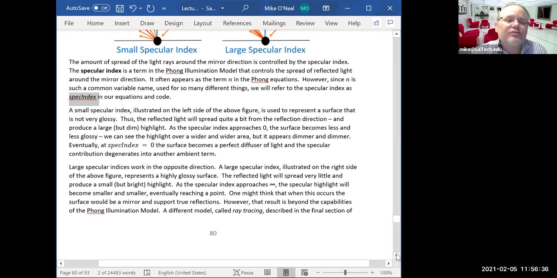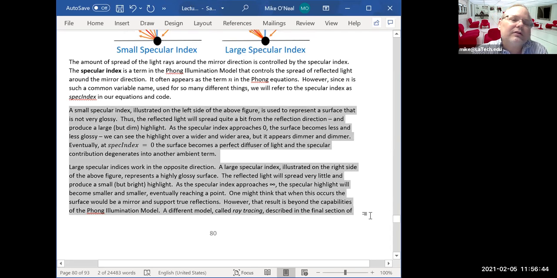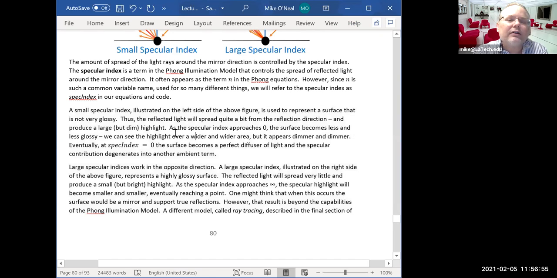It takes more characters to write, but it's a lot more clear on what it is. Okay, so here are the two paragraphs where I go back through what a small specular index means. A small specular index is not very glossy, so the light goes over a wider area.